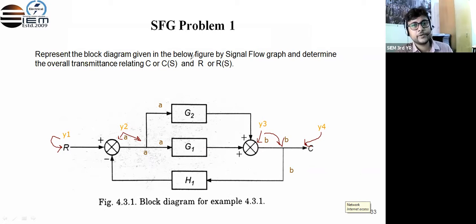And how can we signify this thing? So this is Y1, this is Y2, this is Y3, and this is Y4.